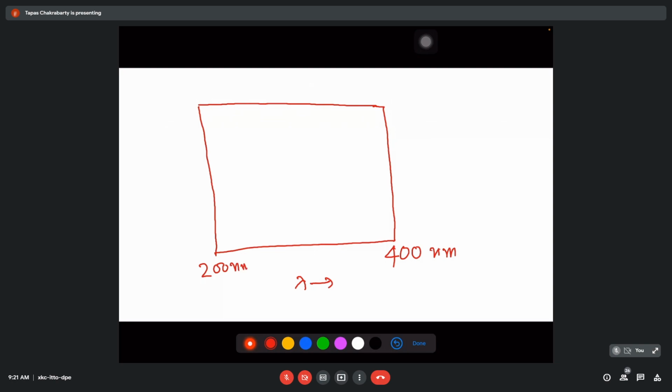This is 350, 300, 250, 200 nanometer. Usually we plot in this direction the molar extinction coefficient, the epsilon value, suppose from 0 to about 10 to the power 5.